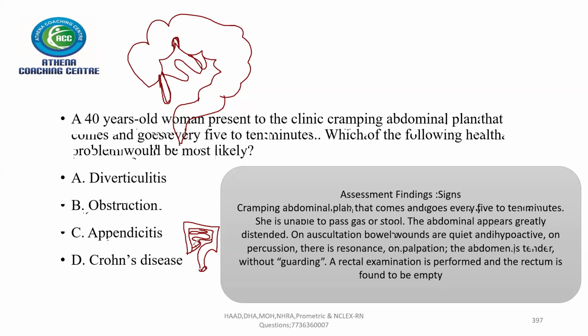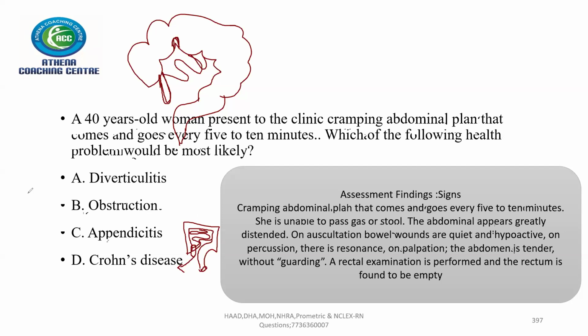So here Crohn's disease is inflammation of the ileum. If there is inflammation in the colon, it's considered ulcerative colitis. Ulcerative colitis and Crohn's disease come under inflammatory bowel disorder. Clear?